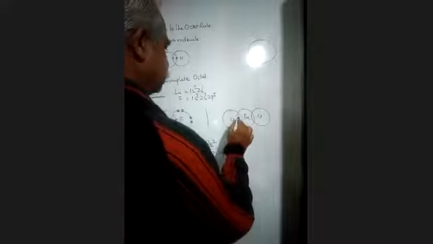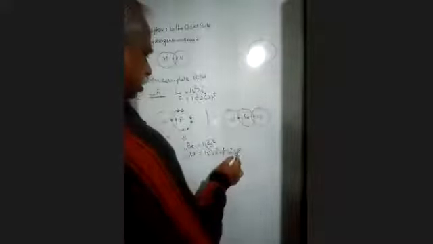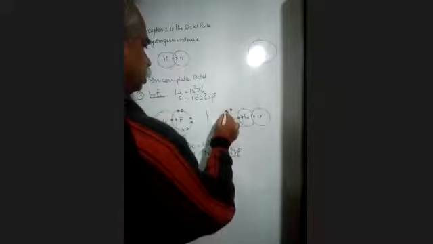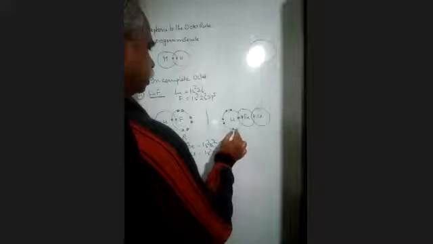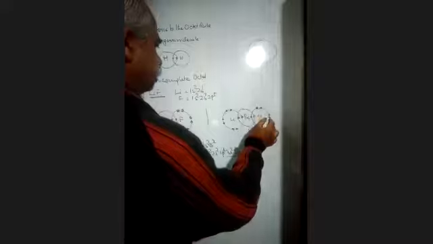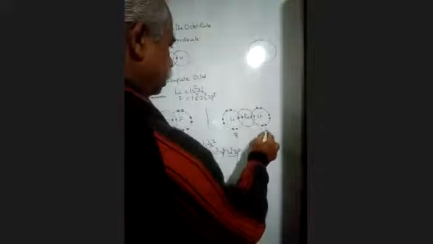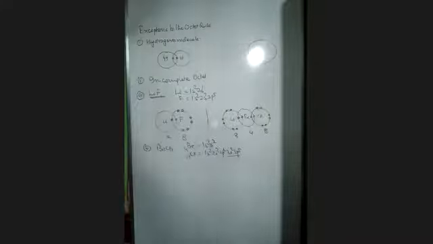Beryllium has 2 electrons, chlorine has 7 electrons in the valence shell. This is 8, this is 8, but this is 2 plus 2, 4. So this also has an incomplete octet. Okay, draw.